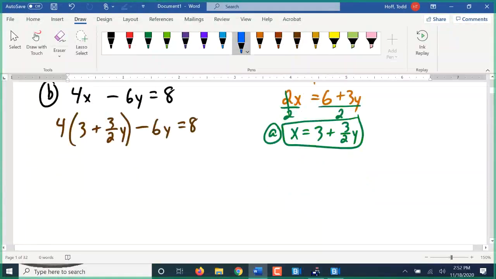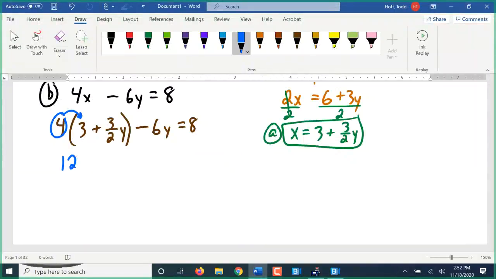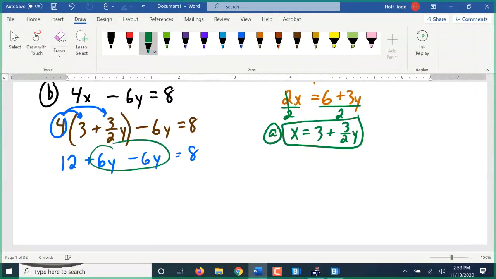So let's combine what we can on the left side. 4 times 3 is 12. 4 times 3 halves is 6y. And we have a negative 6y. So once again, we'll combine 6y and negative 6y. Once again, it disappears. 6y plus negative 6y is 0y, or just 0. So we have 12 equals 8.